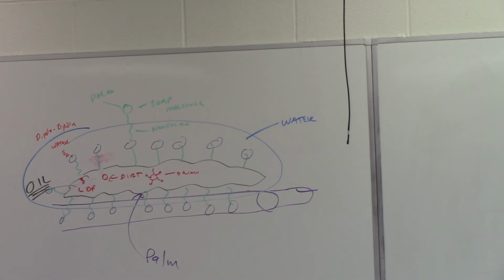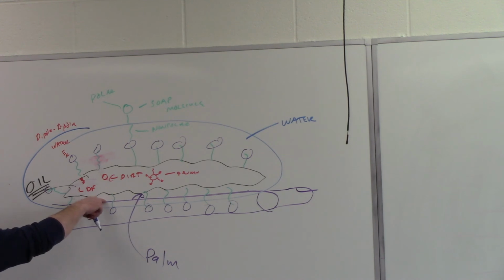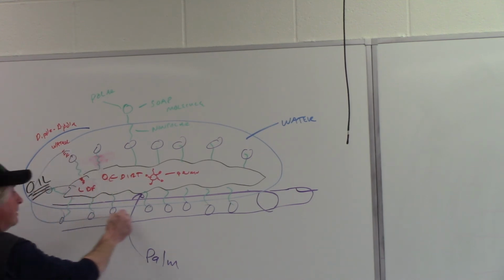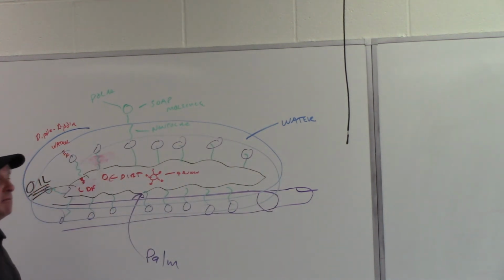Okay, so now that micelle can be lifted off of your hand by adding more water. That's going to separate it from your hand. Now this whole thing just looks like a giant polar molecule in water.